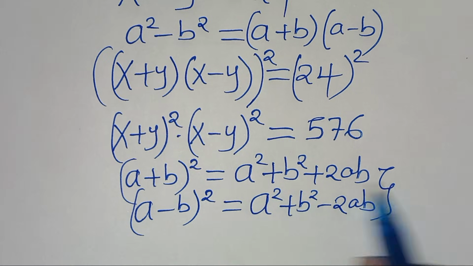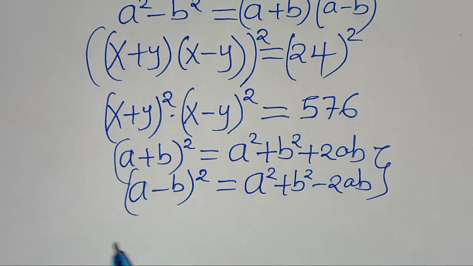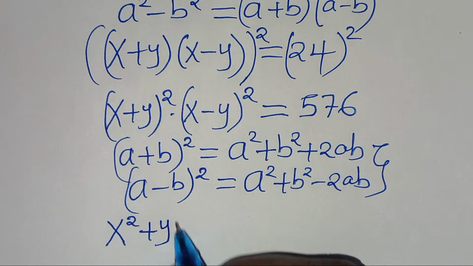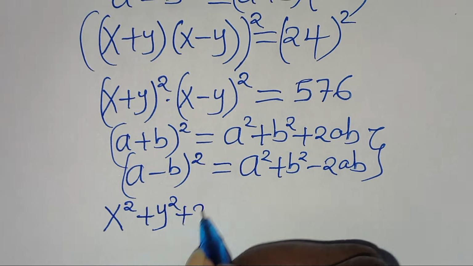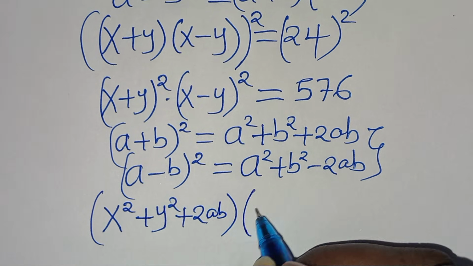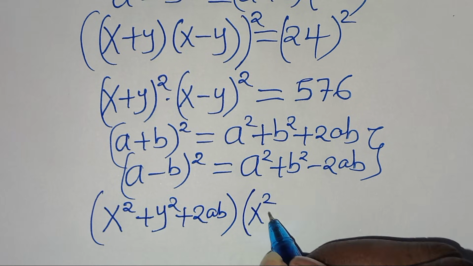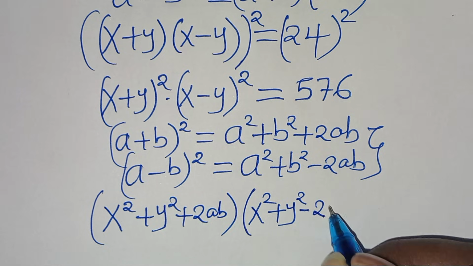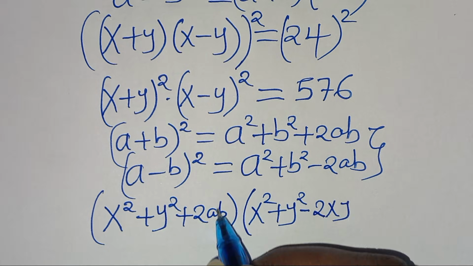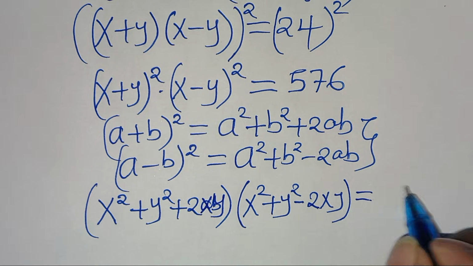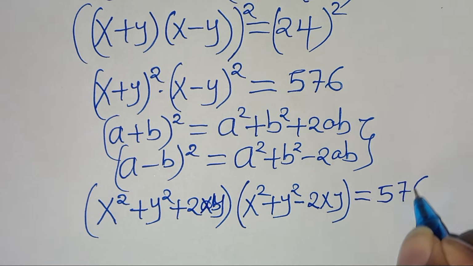So let's apply these two algebraic identities, so that now we have x squared plus y squared plus 2xy, multiplying by x squared plus y squared minus 2xy. So here we have xy, sorry. Then this is equal to 576.